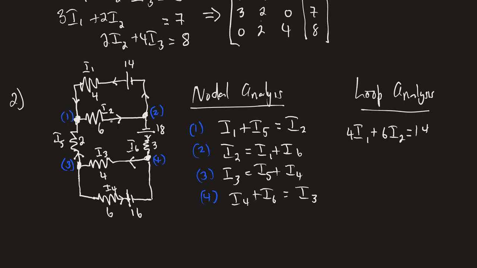For the middle loop that goes this way, we end up having 4 products. So let's start with the smallest subscript.